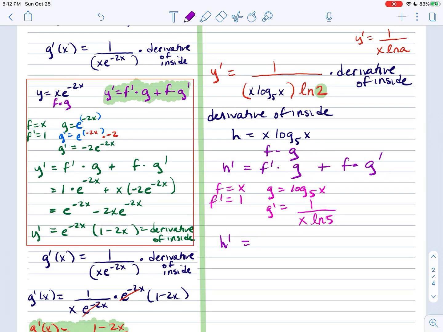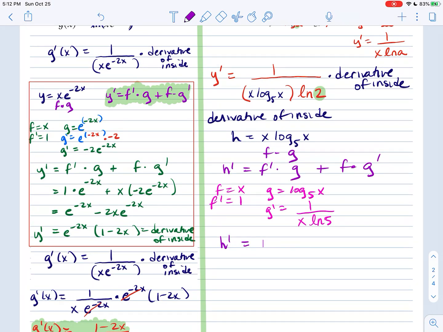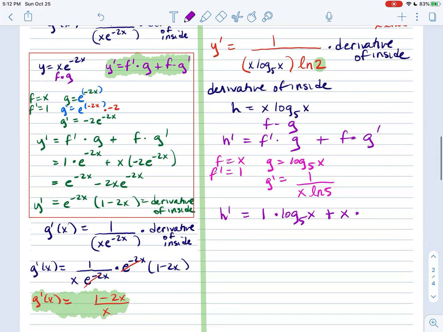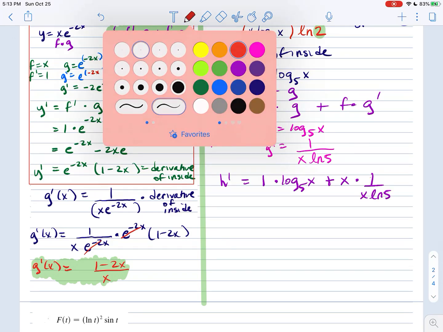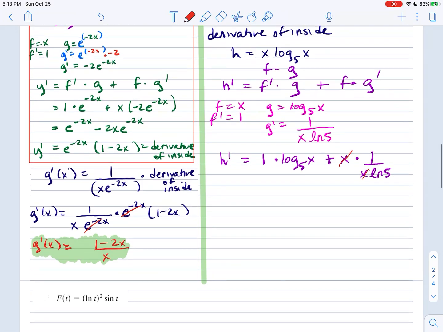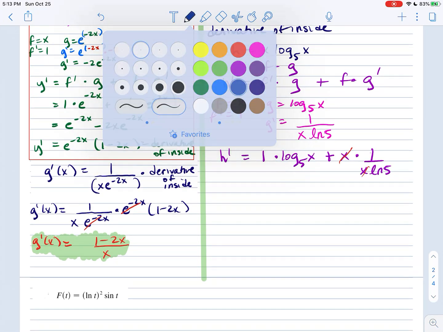So now I want to plug that into my h prime. My h prime, being the derivative of the first, which is f prime, is going to be 1, times the second, which is log base 5 of x, plus the first, which is x, times the derivative of the second, which is 1 over x times the ln of 5.